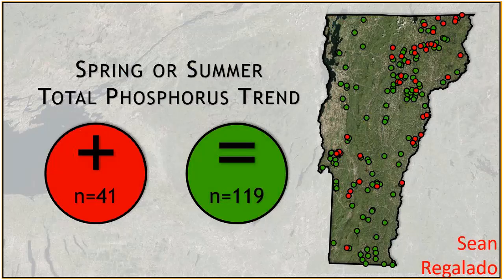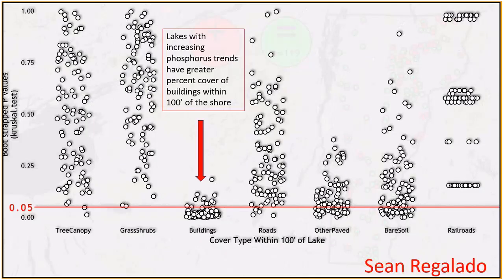And this is the rather complicated slide that shows the results of the statistical analysis he did. But the bottom line here is that lakes with increasing phosphorus trends have greater percent cover of buildings within 100 feet of the shore statistically than do lakes that are not increasing in phosphorus.